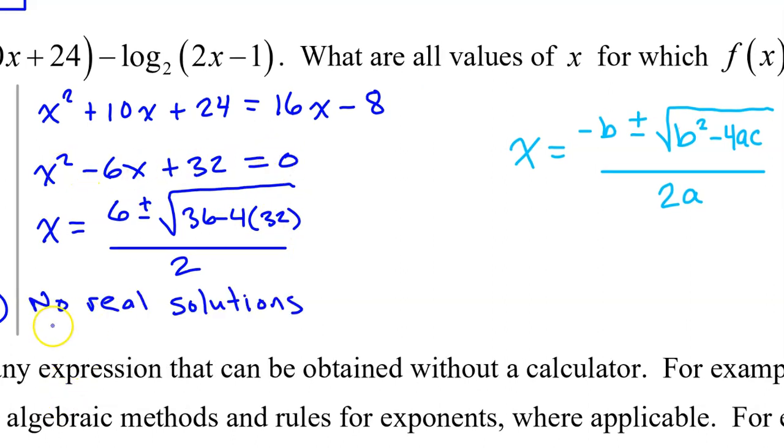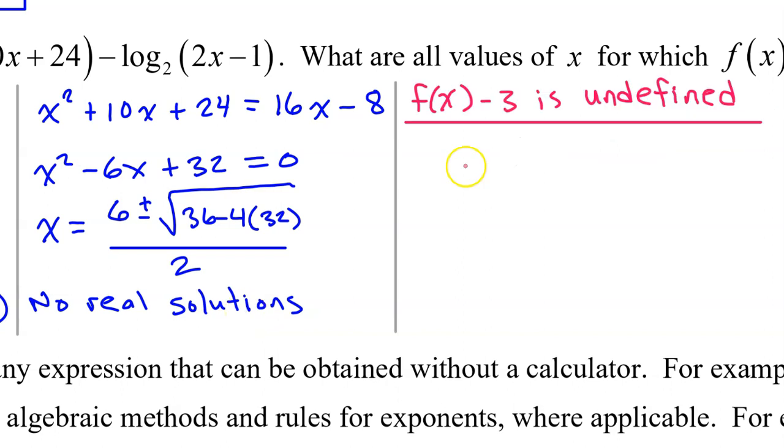This equation will have no real solutions, because 36 minus 4 times 32 will obviously be a negative number. 4 times 32, that's like 128 or something, so we're subtracting a really big number. This is going to be negative under the radical. That's imaginary, so no real solutions here.